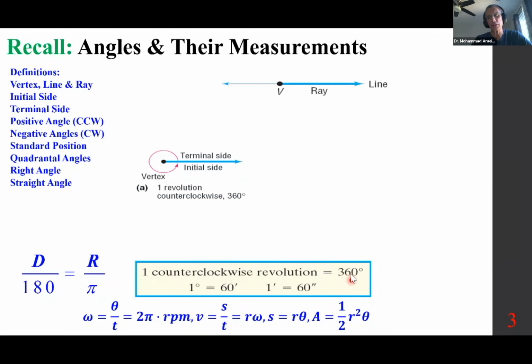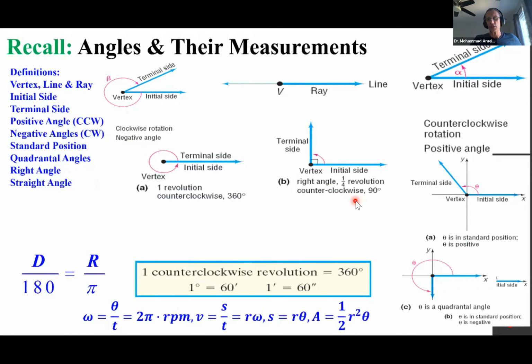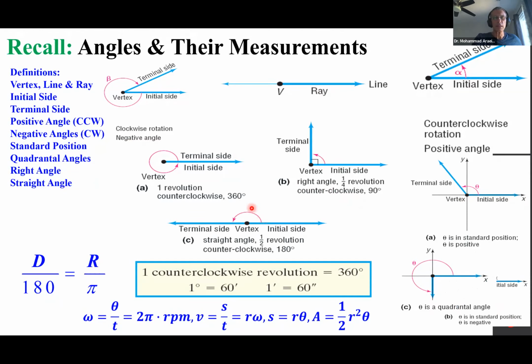A 90-degree angle is a right angle, 1/4 of a revolution, 90 degrees or pi over 2, and this is half a revolution, a straight angle, 180 degrees or pi radians. So this is the synopsis of what we covered.